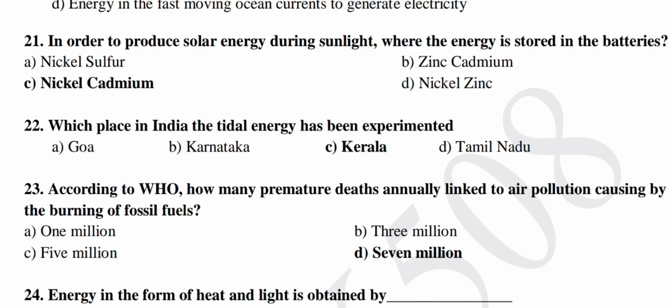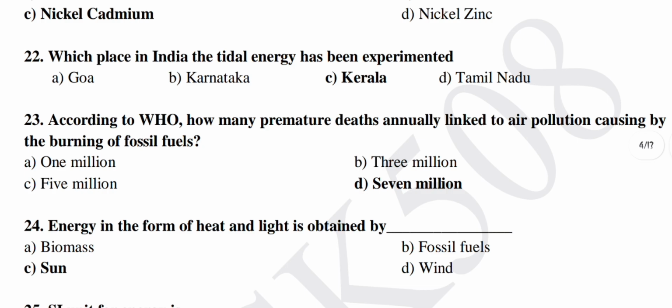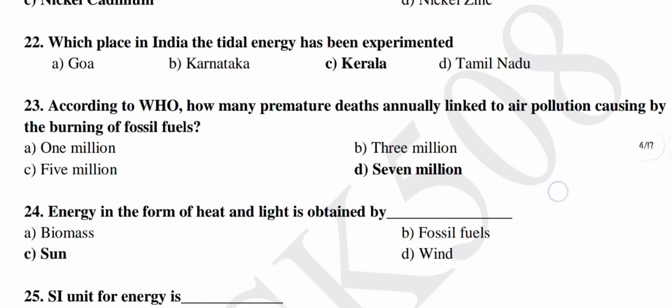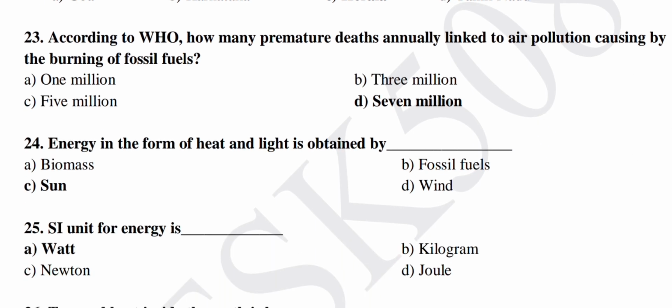In batteries, nickel cadmium. The 22nd, in which place in India has tidal energy been experimented? Kerala. According to WHO, how many premature deaths are linked to air pollution caused by the burning of fossil fuels? 7 million.